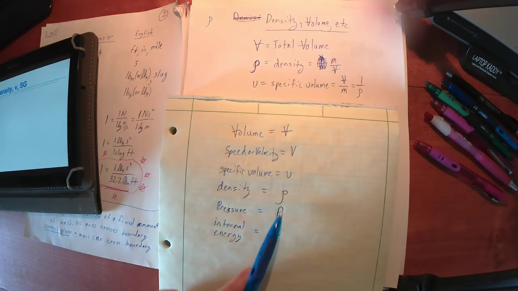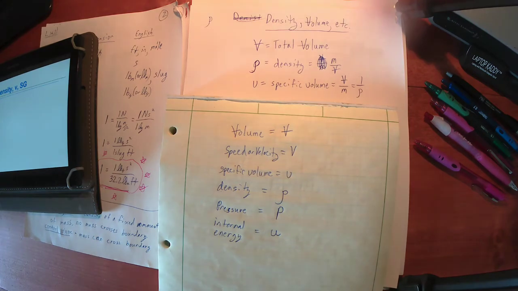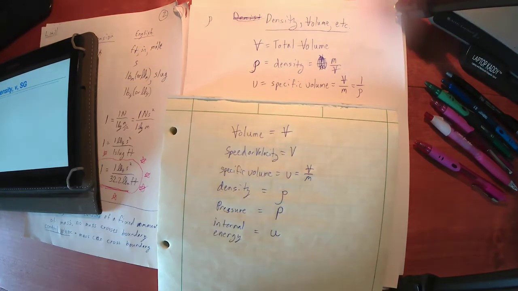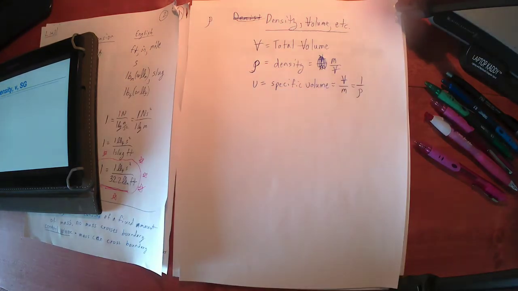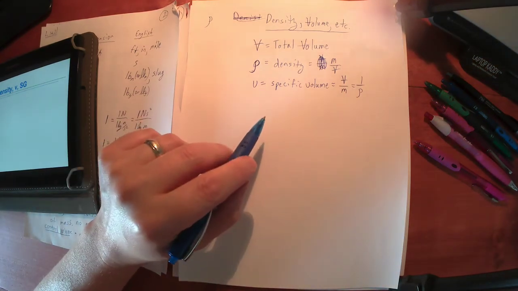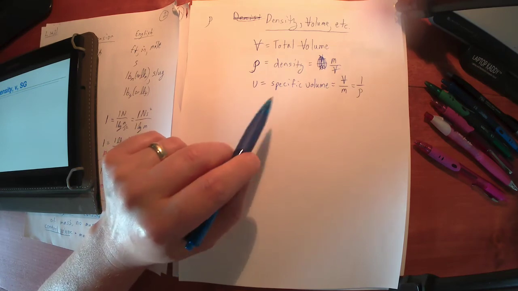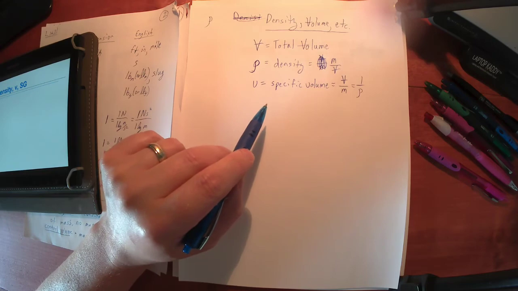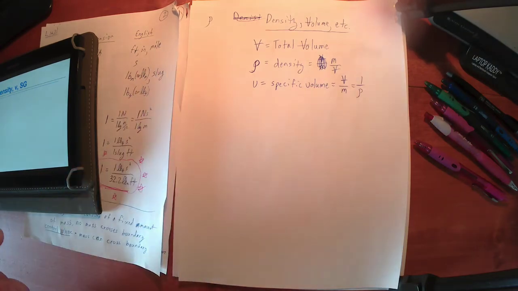This is how I draw my v's. Anyway, you'll see more of that. But again, specific volume is volume per unit mass, volume divided by mass, which we've already got there. So again, I've got a handy sheet. What the heck is Steve writing? Have that handy so when I write a random looking squiggle, you know what it is. Okay. All right, let's see what else we've got here.